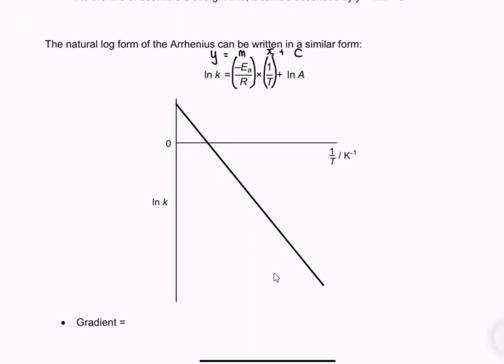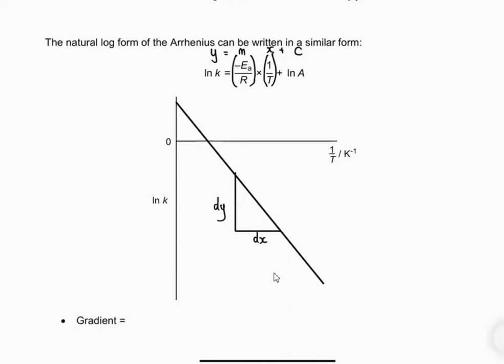If we were to find the gradient at any particular point, because it's a straight line, it doesn't matter where we do that, and if we were to find dy by dx, that gradient is equal to that term m in our equation.